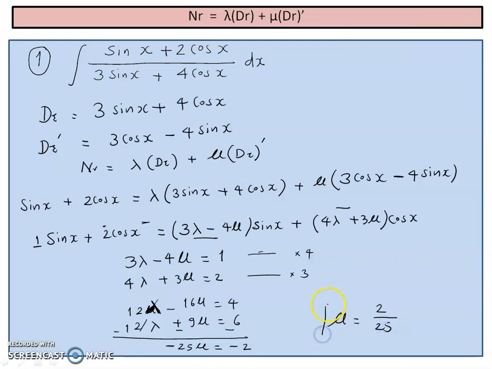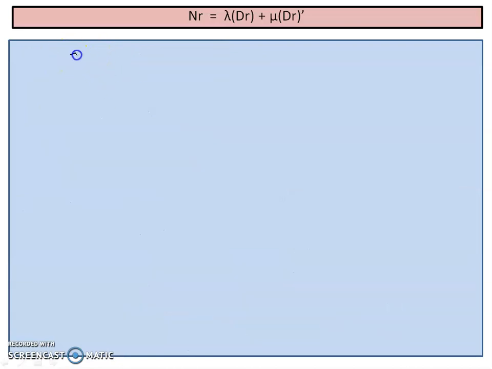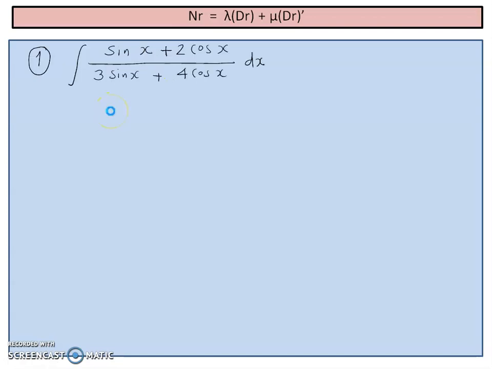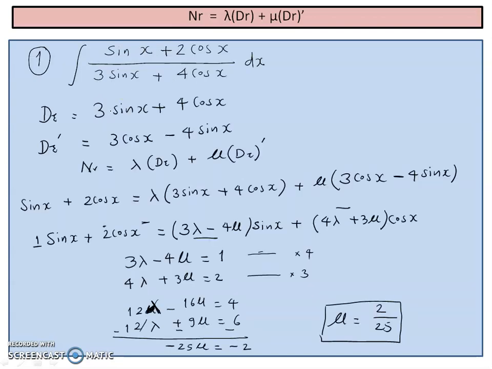When you solve the problem in examination, please cross check after every small step. समझ गए? Now this mu I will put in one of the equations, 3 lambda minus 4 mu is equal to 1. बराबर है? And what I have got here? Mu is equal to 2 upon 25.